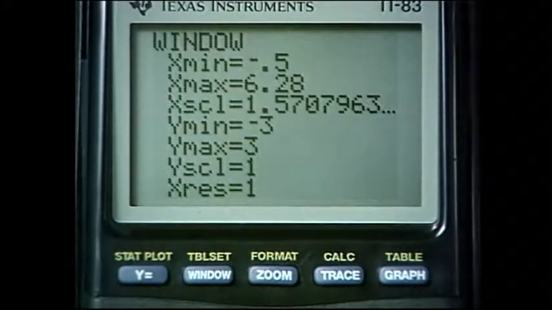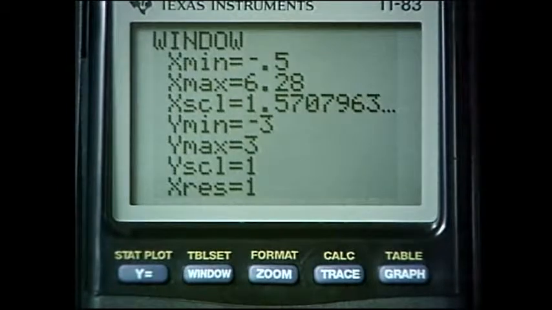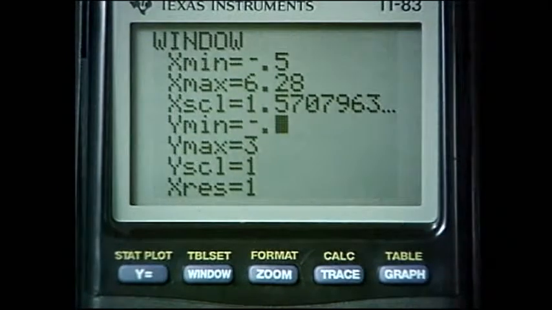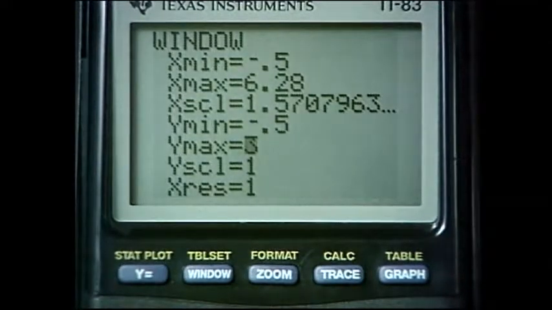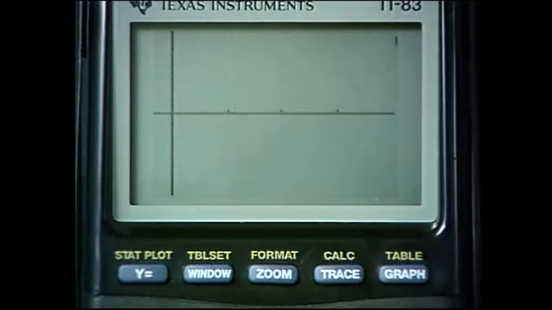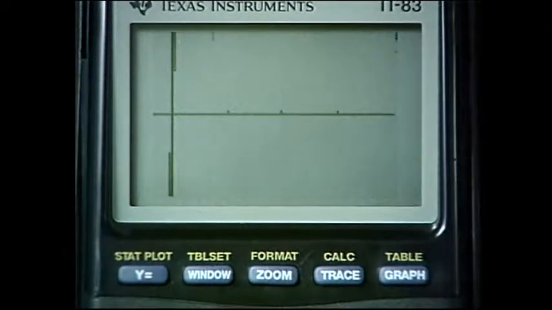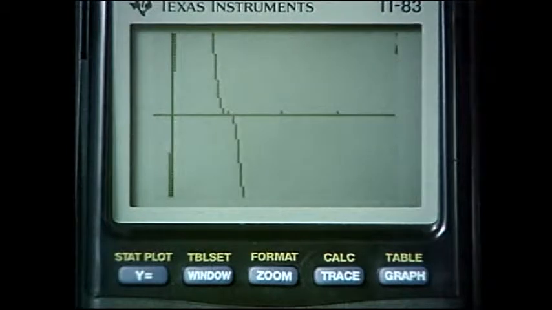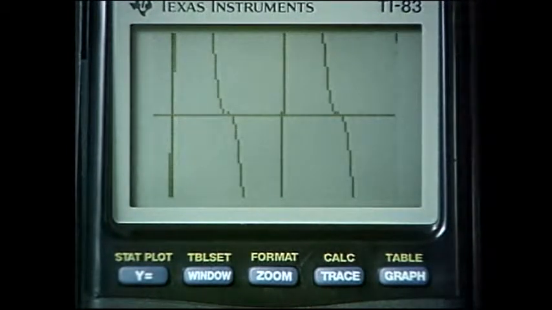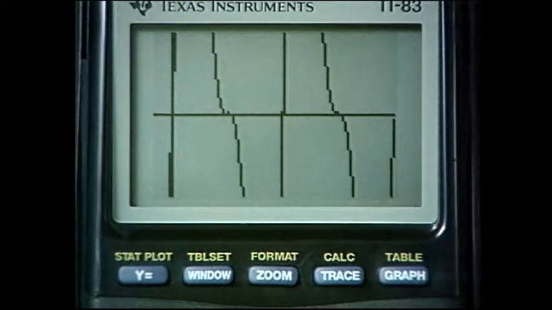Here's what I'm talking about. I'm thinking of a y minimum at negative 0.5 and a max of 0.5. And now notice that the graph does not lay down or get flat as much at those points. And that's just a technique that you can use from time to time when you fall into a dilemma like this.